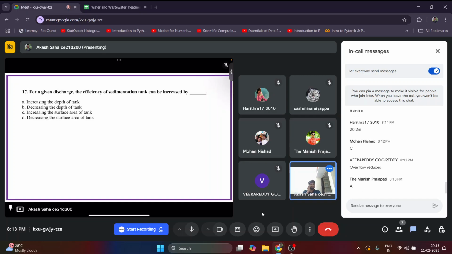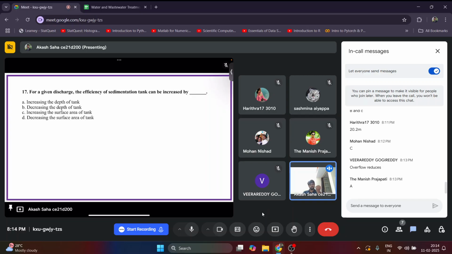Like I discussed in one of the other problems, for 100% efficiency, what I want is my settling velocity should be equal to my surface overflow rate. Now, by increasing the surface area, I have reduced the overflow rate. So for 100% removal, I can reduce the settling velocity also.